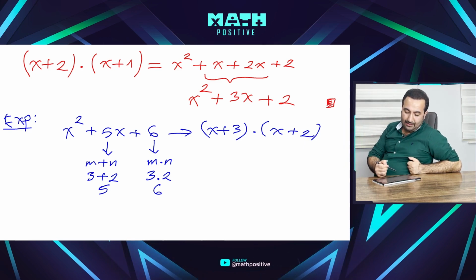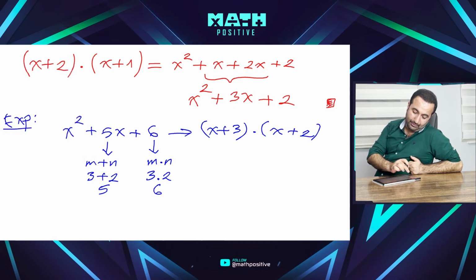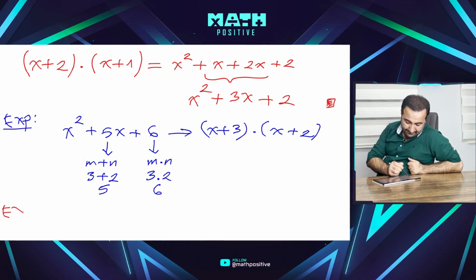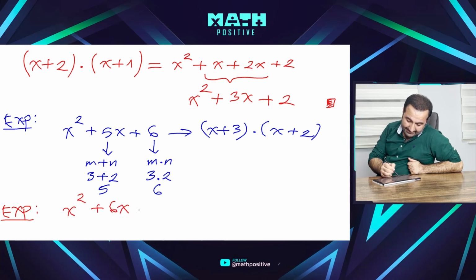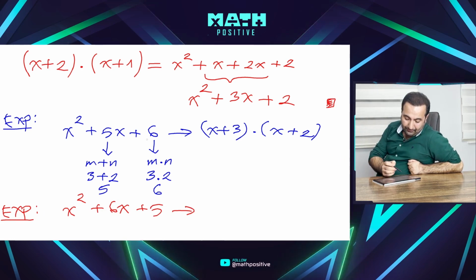One last example: x squared plus 6x plus 5. If you see, our 5 and 6 have changed their position.